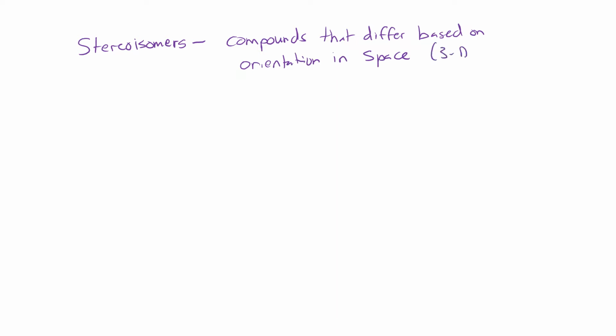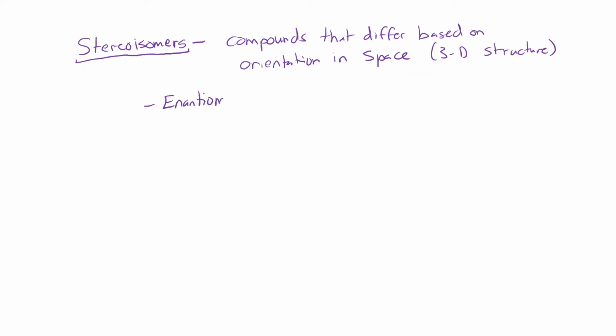Which is a long, fancy way of saying their 3D structure. Okay. So there are going to be two types of stereoisomers that we're going to talk about. So stereoisomers is kind of the big umbrella term that encompasses everything. We're going to have two types of stereoisomers that we're going to talk about.